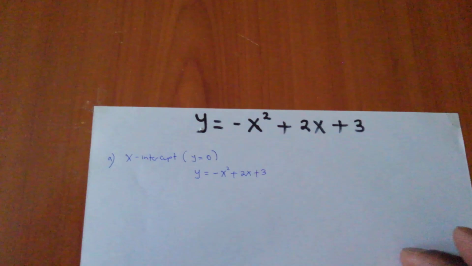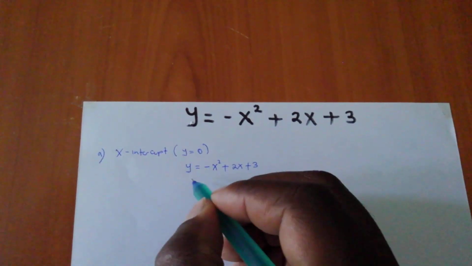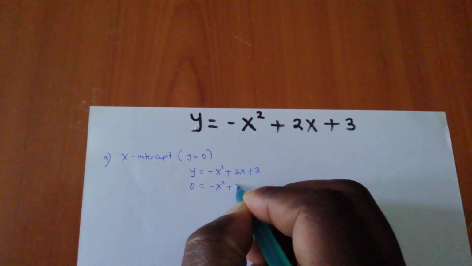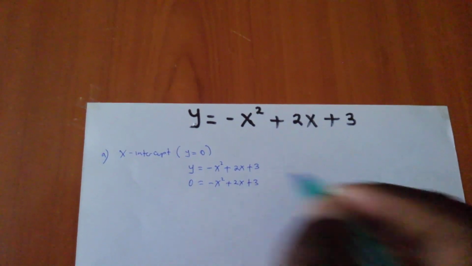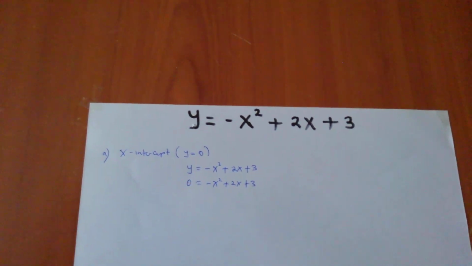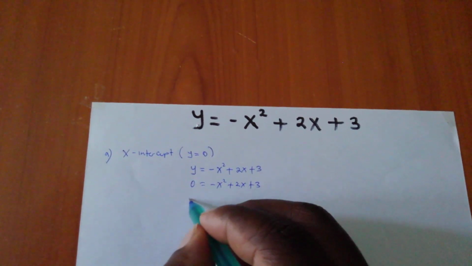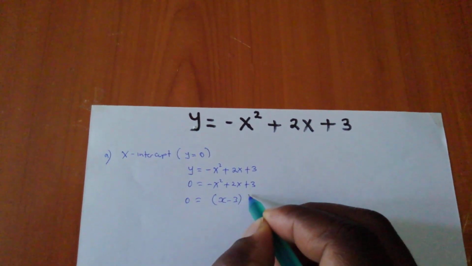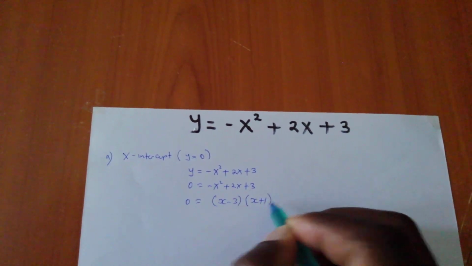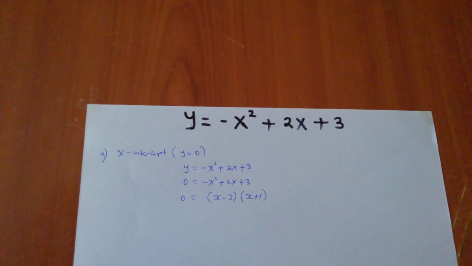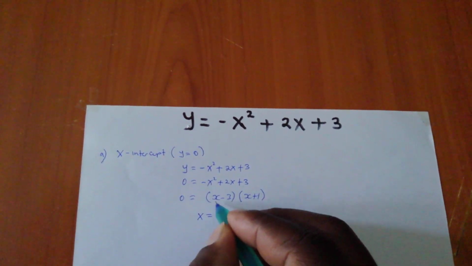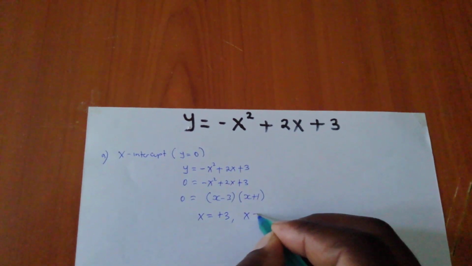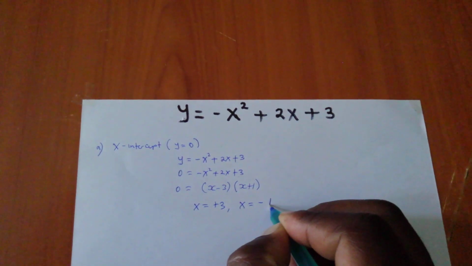If I equate this expression to 0, I get something similar to x minus 3 into x plus 1, of which my x will be positive 3 and also negative 1.